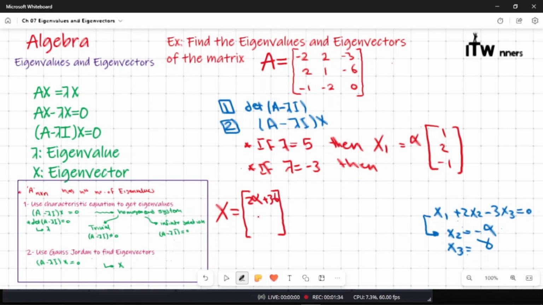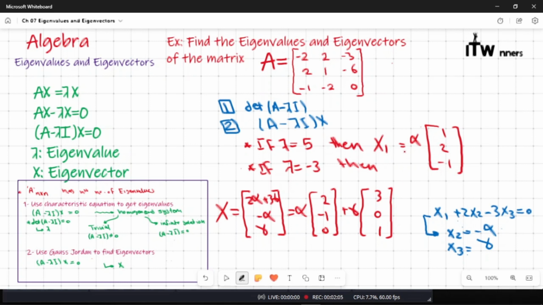Here we have x2 equal to negative alpha, x3 equal to gamma. So this will be equal to, here we have alpha, here 2, negative 1, 0, plus gamma, 3, 0, 1.